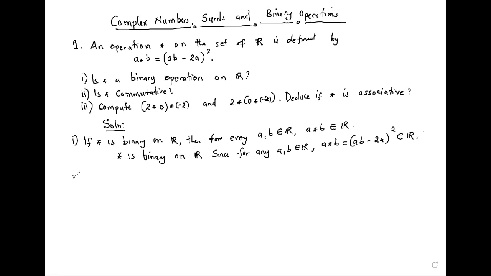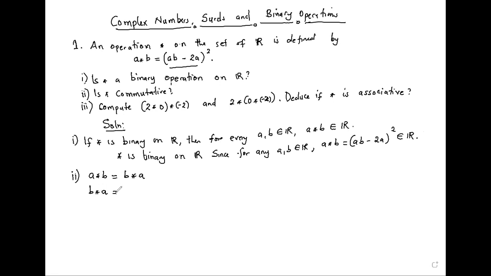The second one, is it commutative? There, we just want to check if A star B is equal to B star A. So now, A star B is there. What about B star A?